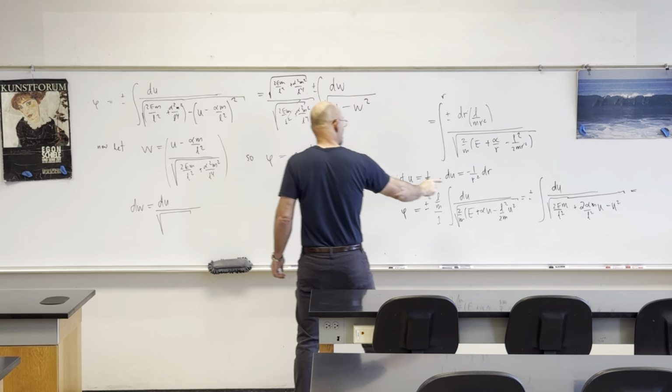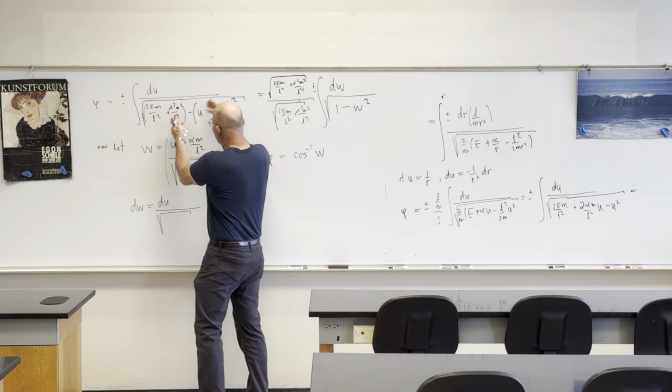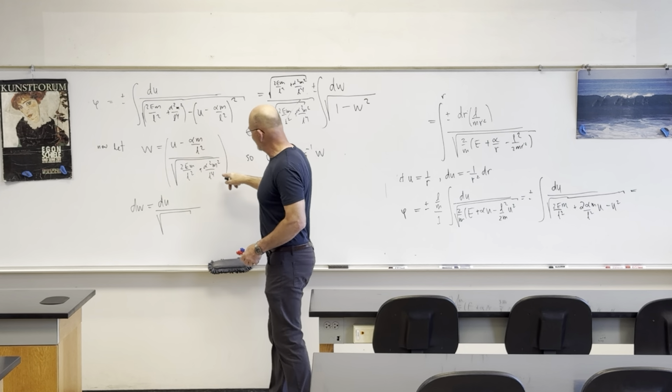Now, what I'm doing is this is just a constant, right? We just give it a name. It's just a big constant, so I'm factoring it out, and then I have square root of 1 minus this square root that I factored out, but underneath the integral, it's squared. Okay.